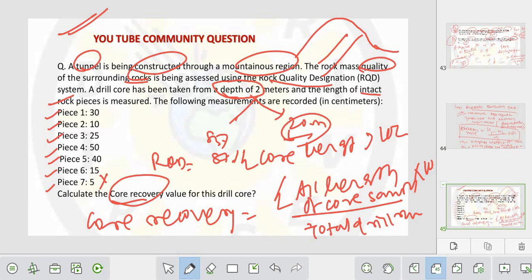So we have to just add the 5 centimeter core cylindrical sample का length for calculation of the core recovery. ठीक है, अगर RQD कैलकुलेट करते हो तो 5 मीटर को सब्ट्रैक्ट कर देना, दैट्स ऑल.